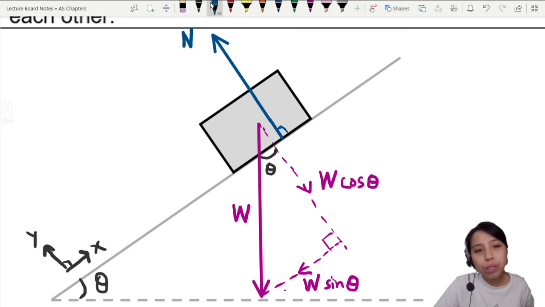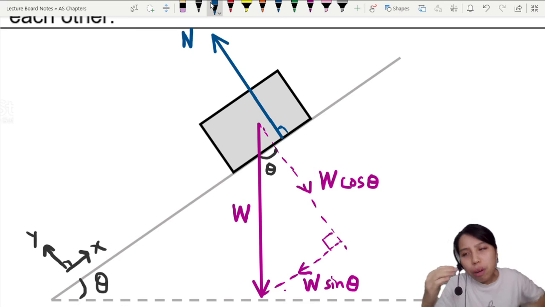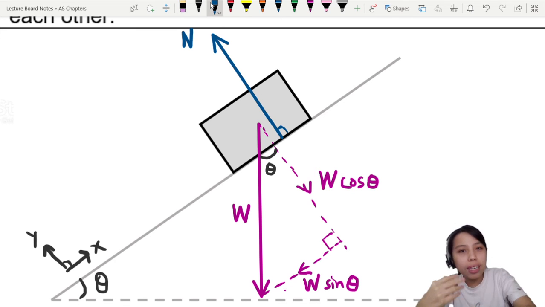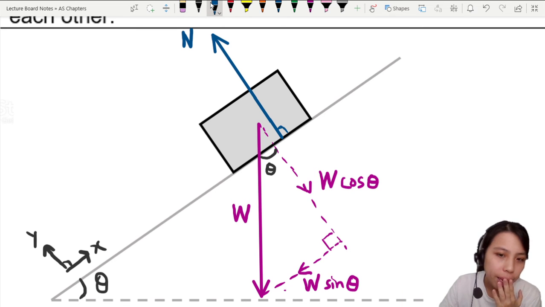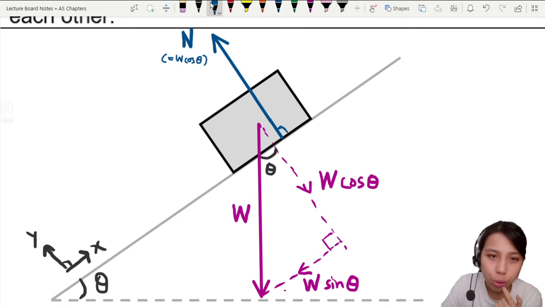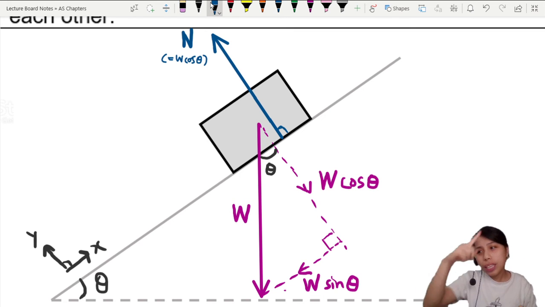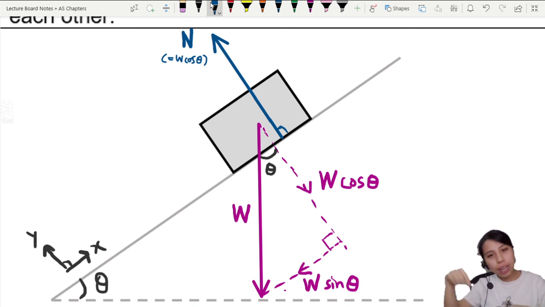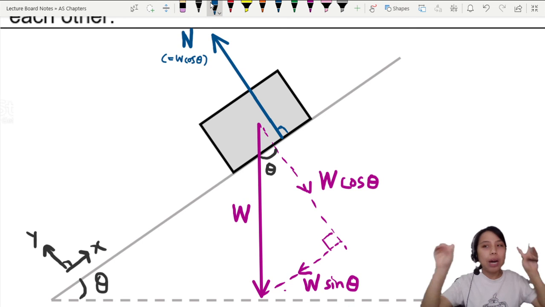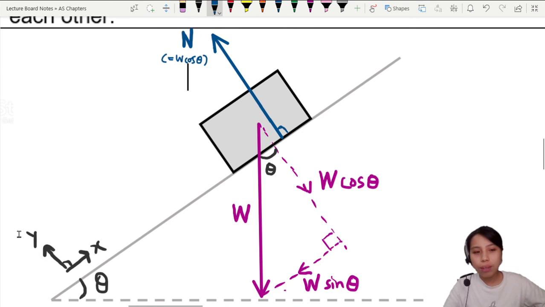And this normal contact force, by the way, if this box is not floating or sinking into the inclined plane, should be the same as W cos theta. Most of the time, this will be the case if you're not being pressed. Because one is pointing upwards, one is pointing downwards, right? So they have to cancel out in our Y direction, which is now tilted this way. So upwards force equals downwards force.